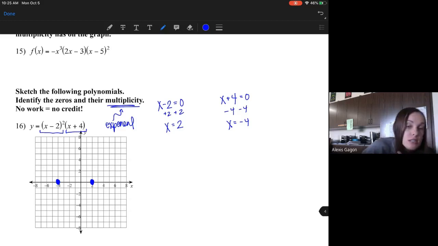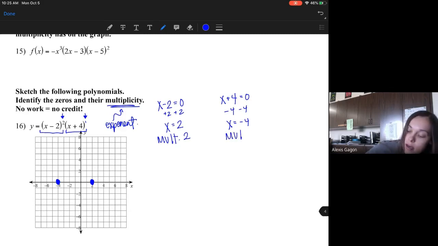So on the x equals 2, we have an exponent of 2, so that means that this has a multiplicity of 2. On the x equals negative 4, there is no exponent there, which means that it's a 1. Anytime there's no exponent, just assume it's a 1. So this has a multiplicity of 1.